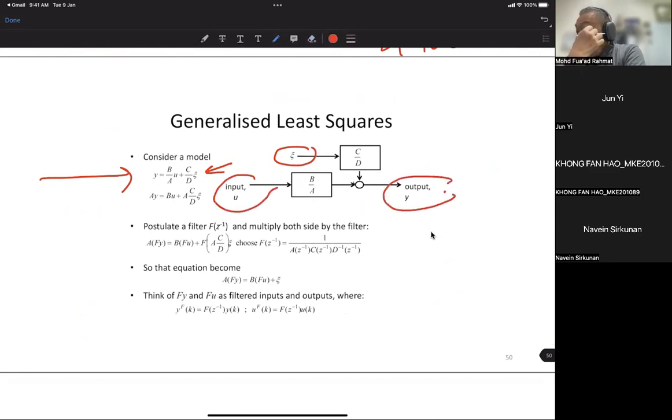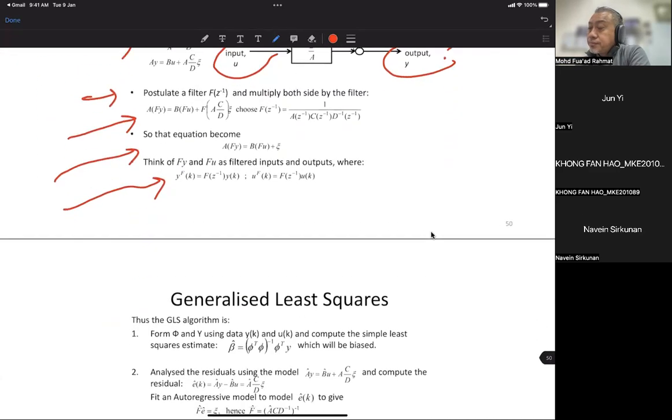We postulate the filter F(z^-1) and multiply both sides by the filter, so we get these equations. This equation now becomes Fy equals B Fu plus zeta, the stochastic part. We think of Fy and Fu as the filtered inputs and outputs, which is where this equation comes from.